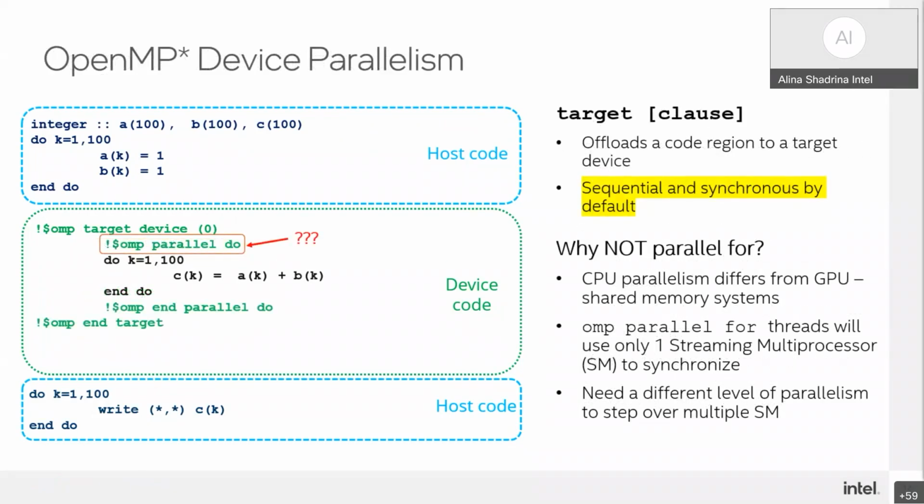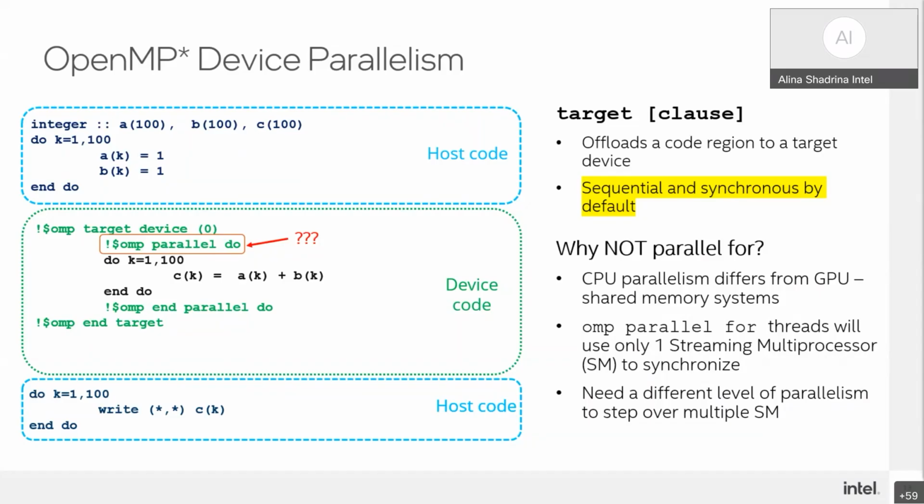A couple of slides ago, I said that the code inside target is synchronous and sequential, but we are talking about GPU offload, right? So in this case, what is the benefit of using a GPU if it is sequential?